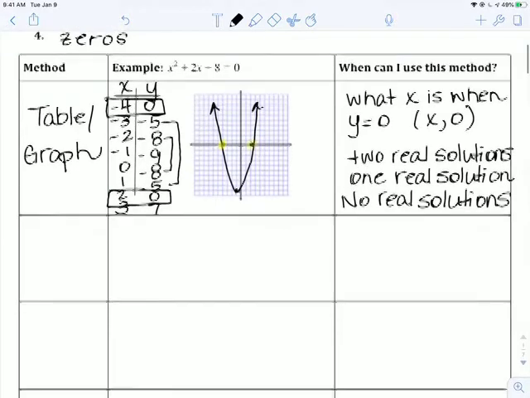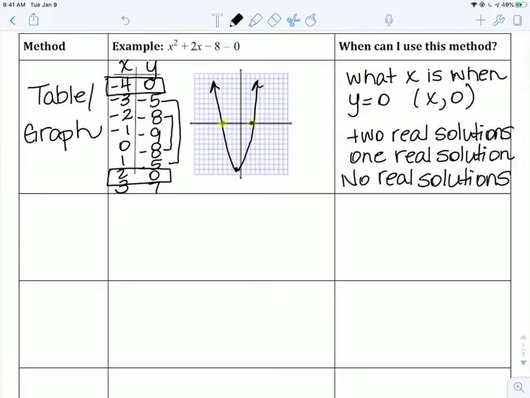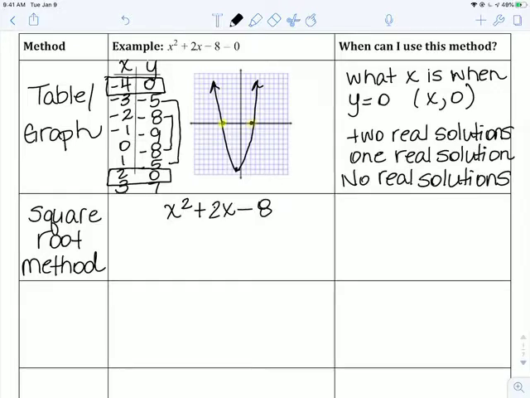All right, so let's look at the second strategy or method that we're going to be reviewing. It's called the square root method. And the quadratic that we're looking at is x squared plus 2x minus 8.